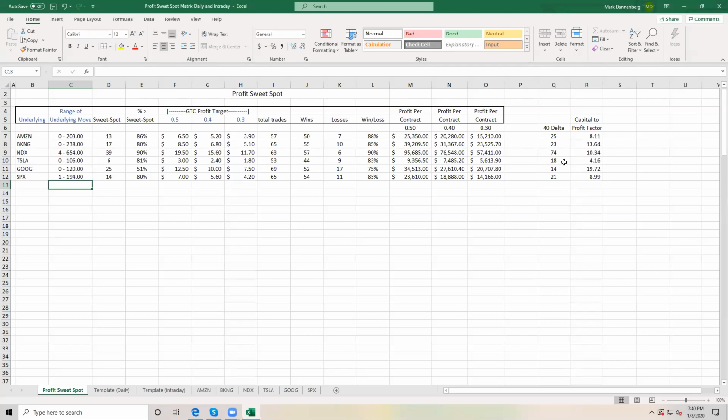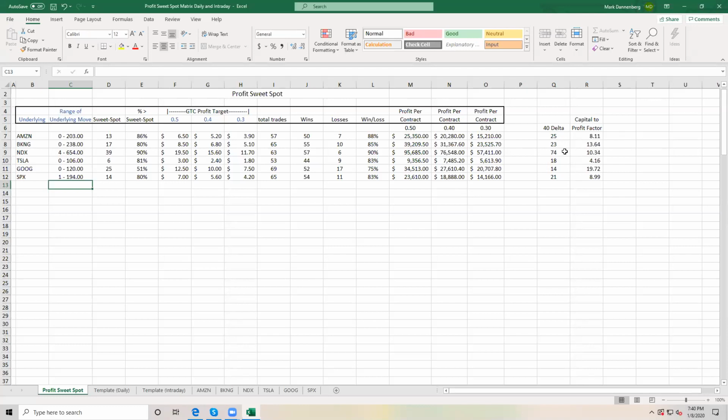Last thing I just plugged out here because I got a question about it in the live trading room today, and it is, so what's the capital commitment that's going to be required. This number is going to change depending on volatility and how far out in time you go, et cetera.